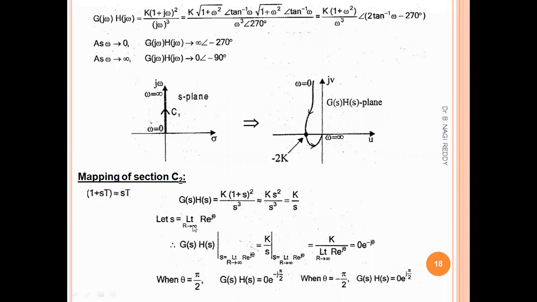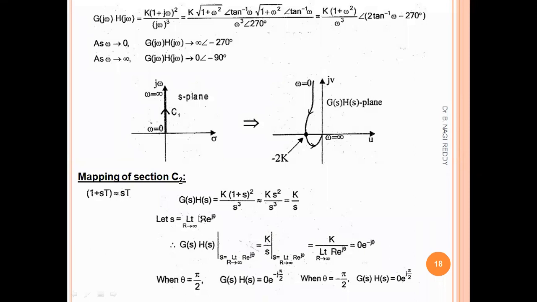Before substituting the limit R tends to infinity, R into e power j theta, here one approximation is made. That approximation is that 1 plus sT will be approximated to sT. This approximation is made because here you can see R tends to infinity.